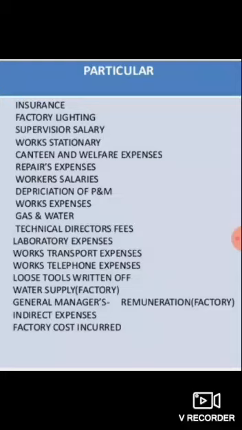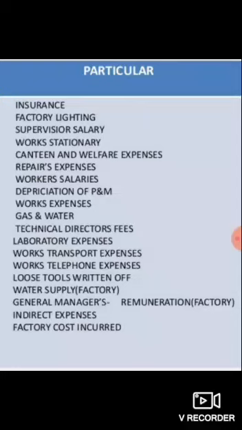Works expenses, gas and water expenses, and technical director fees. If the company has a technical director to assist in the operating of machines or computer technology or any other technology, those directors' fees should be added under overheads.